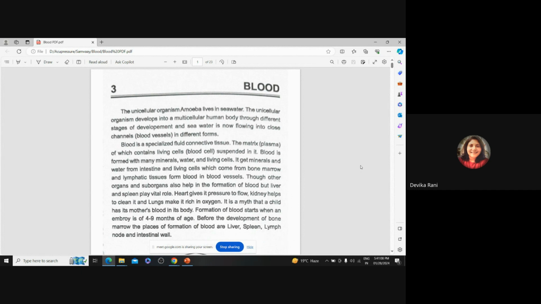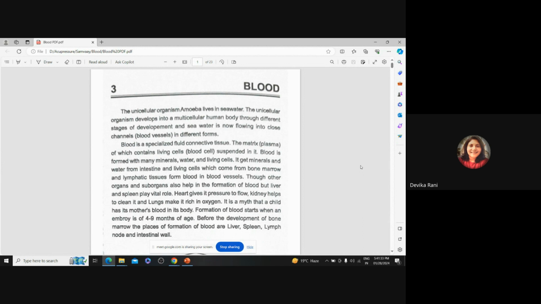Now, when we say connective tissue, it connects throughout your body. It connects all the components, and it also connects with your different cells. It is there throughout the body as one whole unit, so it is connected throughout as a tissue.